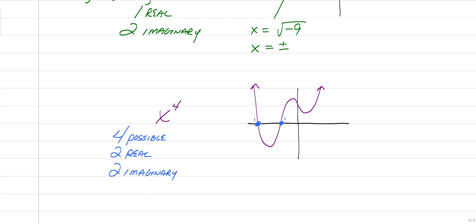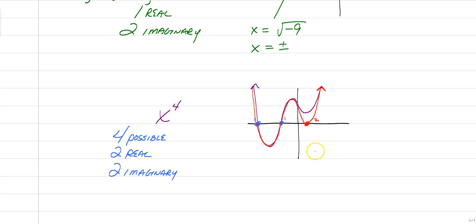Okay? And if we were to do something very, very similar, but this time I were to go through, come back up, and then go down and bounce, that one is considered a double root.